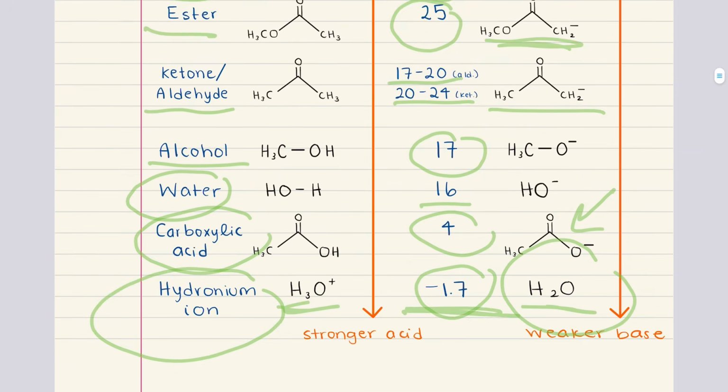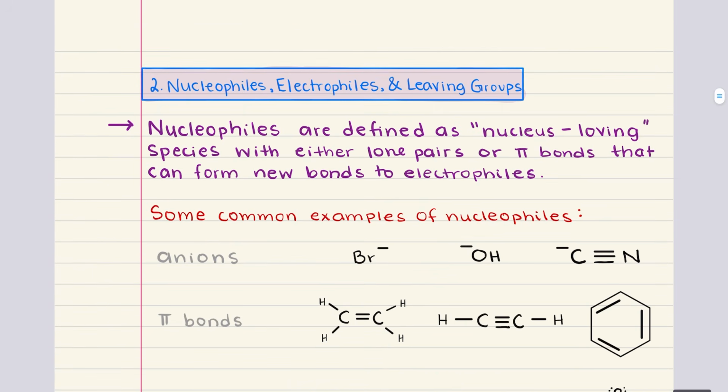Now that we have covered acids and bases thoroughly, we can move on to another key concept in organic chemistry: nucleophiles, electrophiles, and leaving groups. These species play fundamental roles in reaction mechanisms, particularly in substitution and addition reactions.